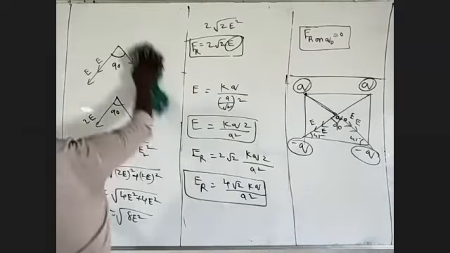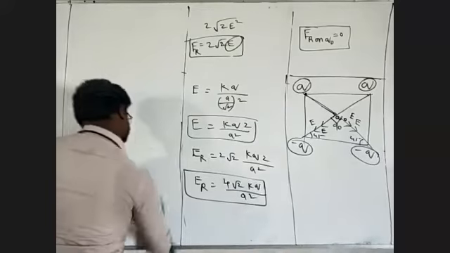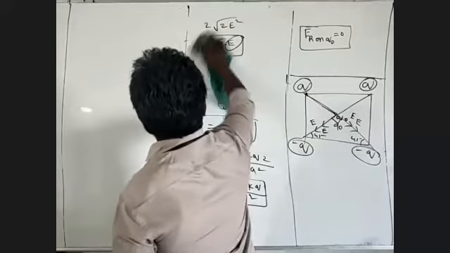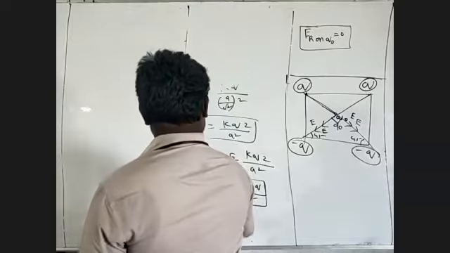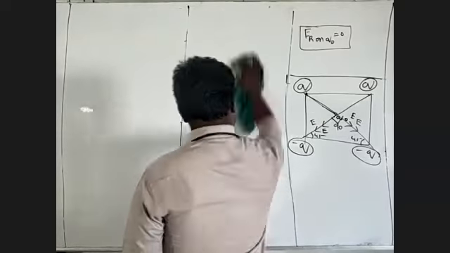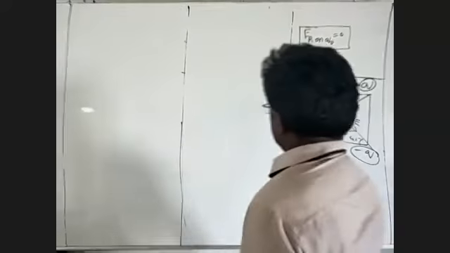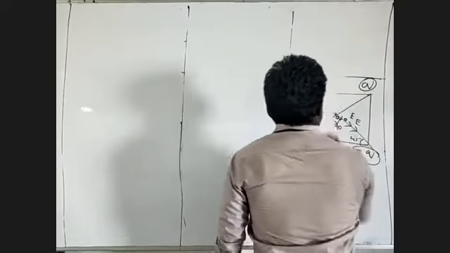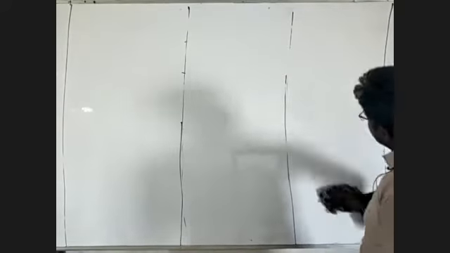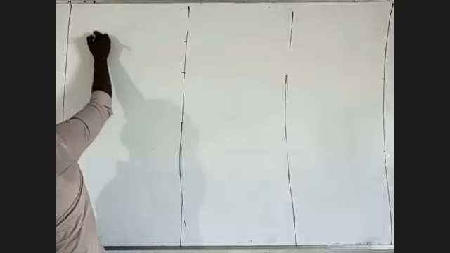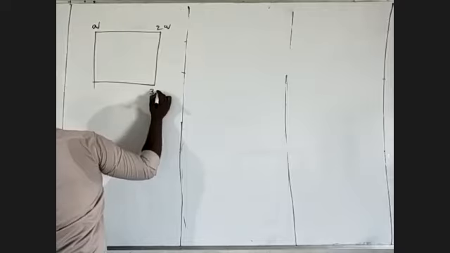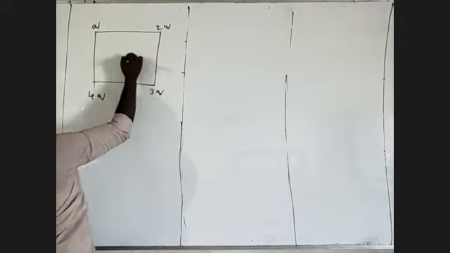Next question. This is Q, 2Q, 3Q, 4Q, and this is Q naught.